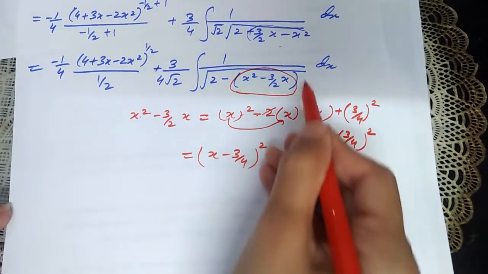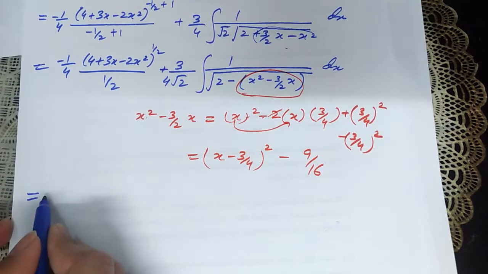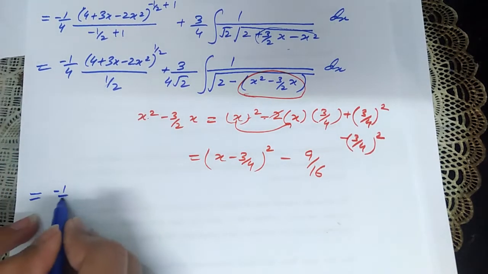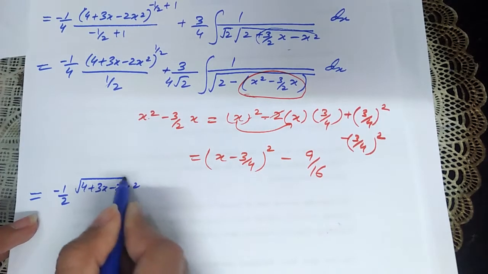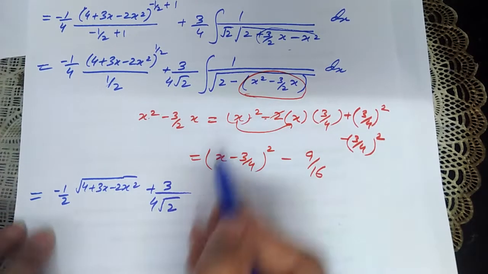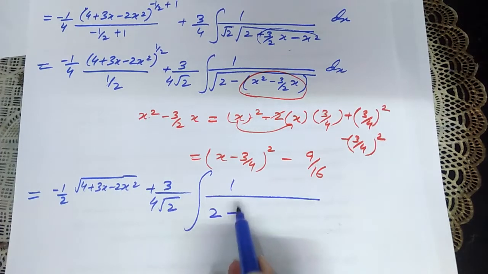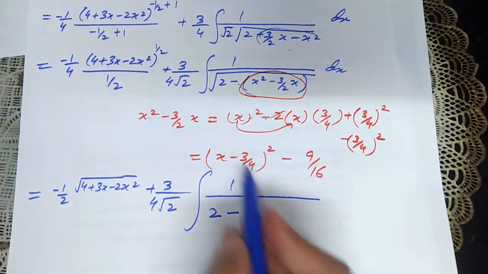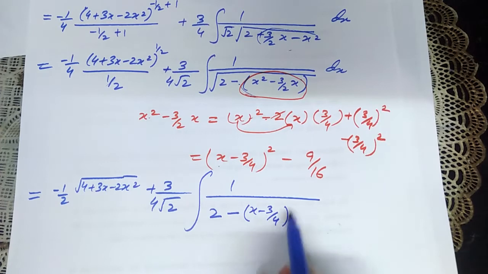Now substitute back this thing here. I will get, after cancellation, negative 1 by 2 under root 4 plus 3x minus 2x square like this, plus 3 over 4 under root 2, and this term integration 1 over 2 minus, this minus bracket this thing. I am opening this bracket. It will be 2 minus this thing, x minus 3 by 4 whole square.